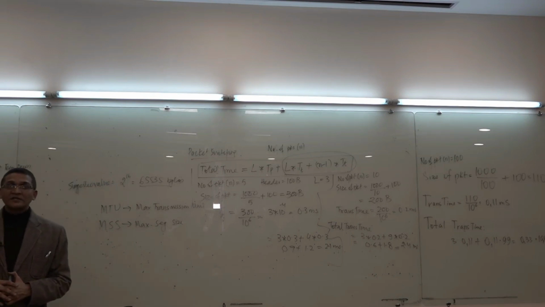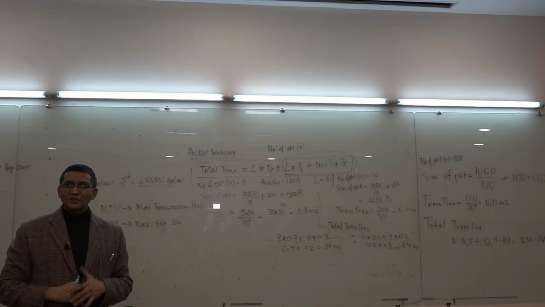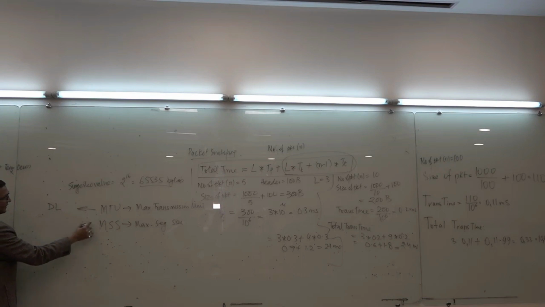Now these two things guide the actual size of the packet to be delivered over the internet. One more thing: MTU is governed at the data link layer and MSS is governed at the transport layer.